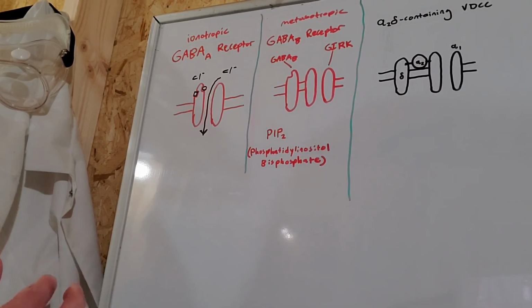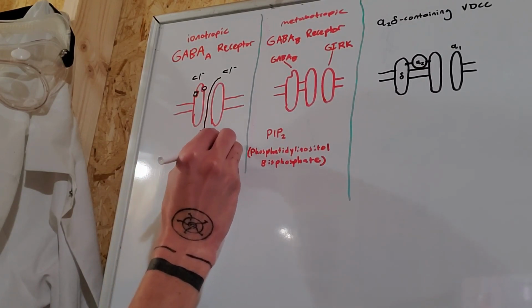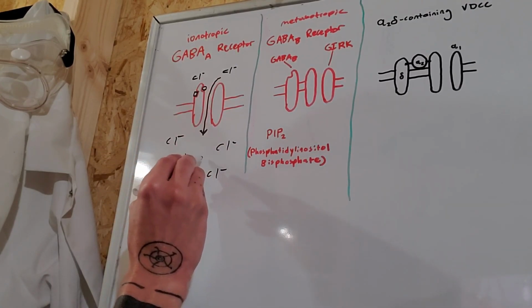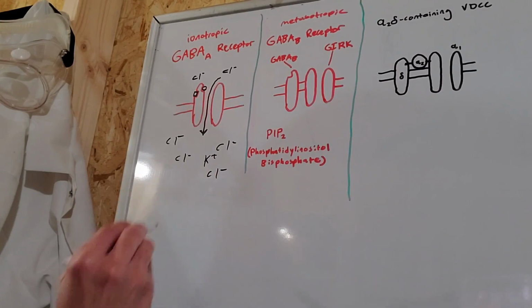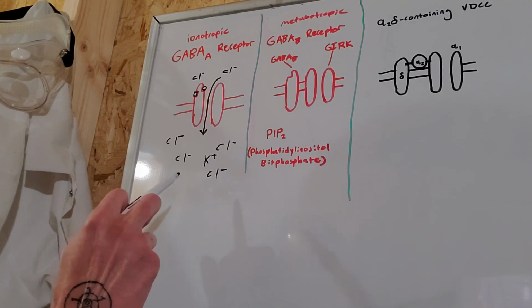So when a cell is hyperpolarized, that is that there's a large concentration of negative ions in it, as opposed to positive ones like potassium, it becomes much less likely to fire, because for a neuron to fire, it requires a large influx and then efflux of cations, that is positively charged ions, and this reduces the chances that will happen.